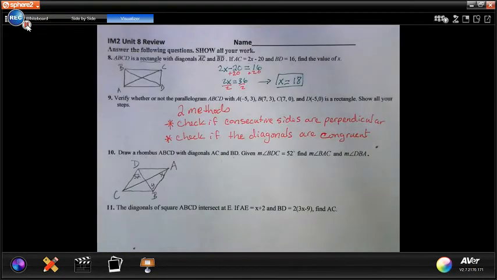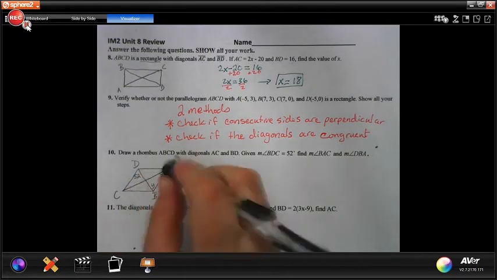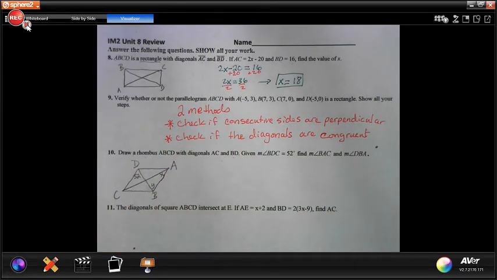So let's look at this. This diagonal, BD, bisects this angle right here. So if that's Y, that's Y. Let me use a different color. I'll use green.